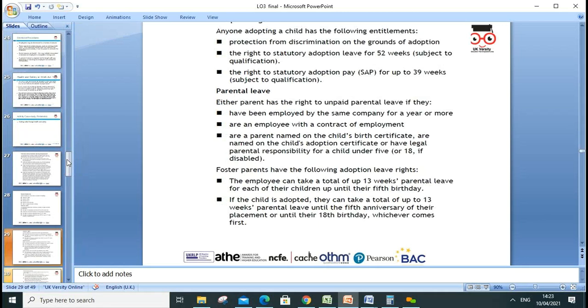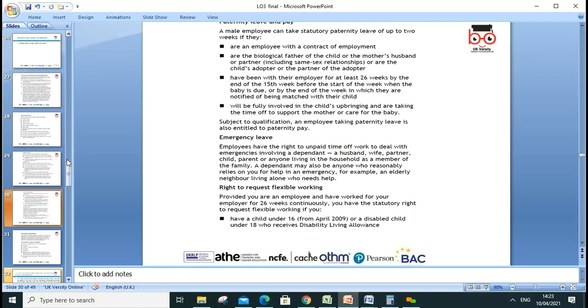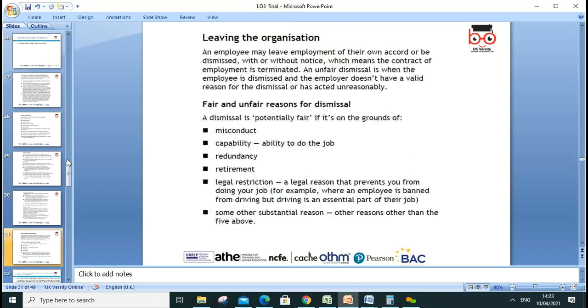If you want to consult more, each of your countries where you're from has its own legislation that we have to follow. Emergency leave, family, disability, and we have new legislation called flexible working hours. So we need to make sure we follow this as well.